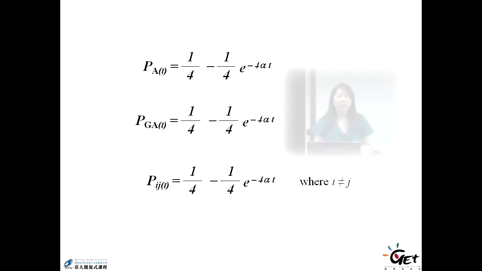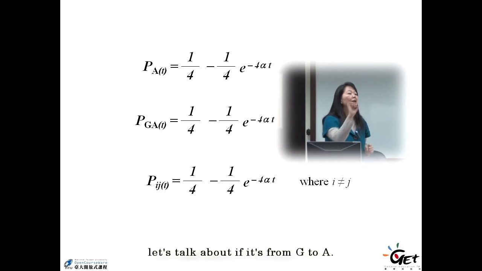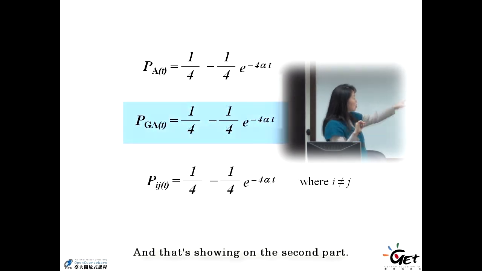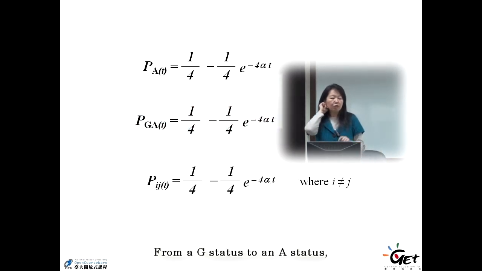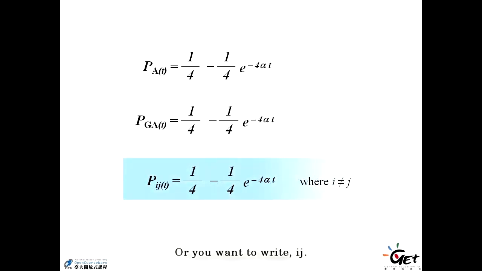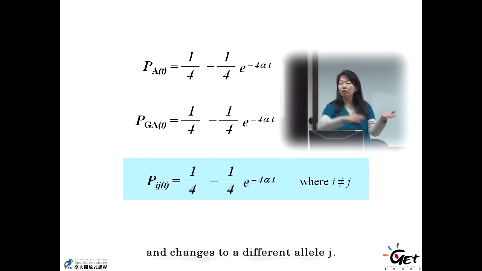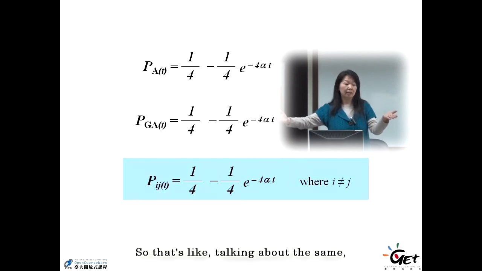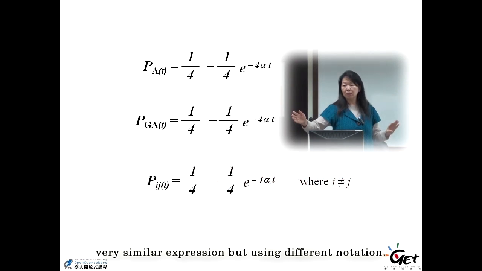take another case: let's talk about if it's from G to A, and that's shown in the second part. From a G status to an A status. So this is the same thing, a different expression for the same formula. Or you can write IJ, which means it starts with one allele I and changes to a different allele J. So that's a very similar expression, but using different notation.